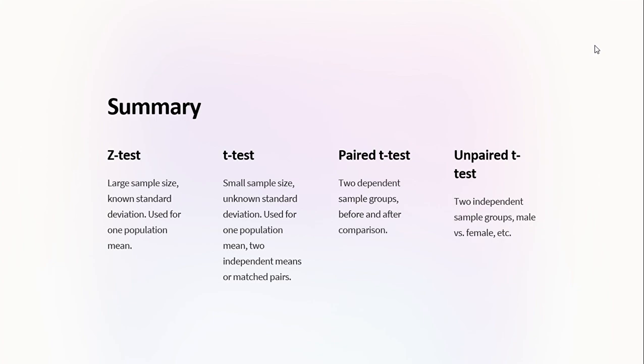The t-test has a smaller sample size, unknown standard deviation, and is used for one population mean, two independent means, and matched pairs. Paired t-tests: two dependent sample groups, before and after comparison. Unpaired t-tests: two independent sample groups, male against female, which are just to be compared.